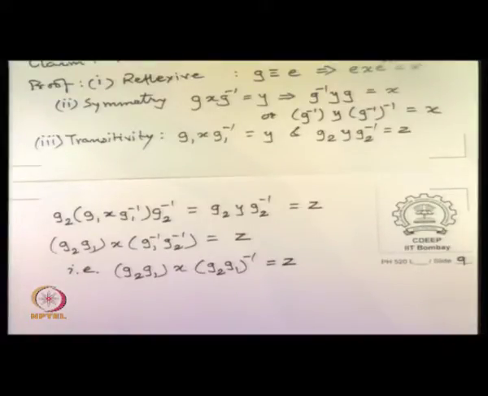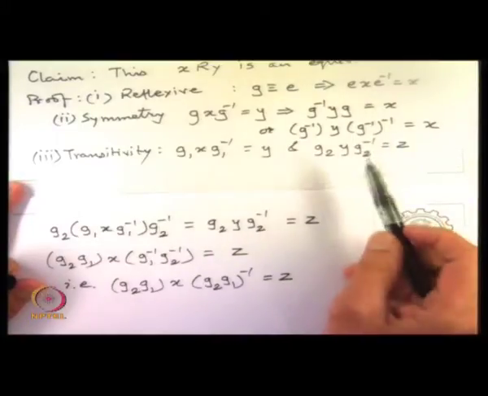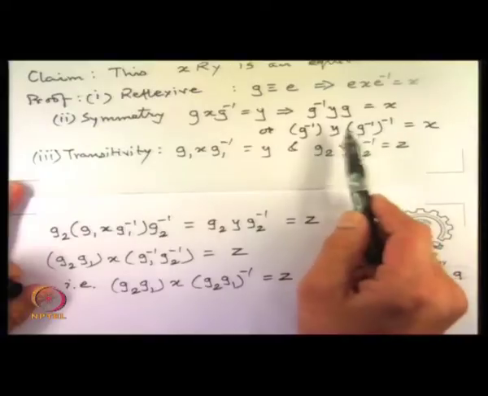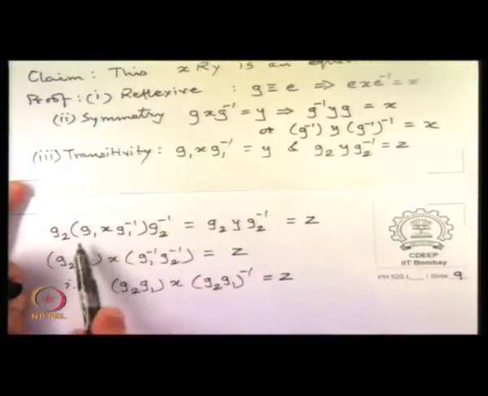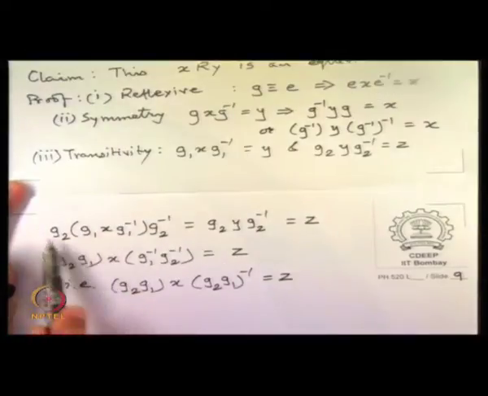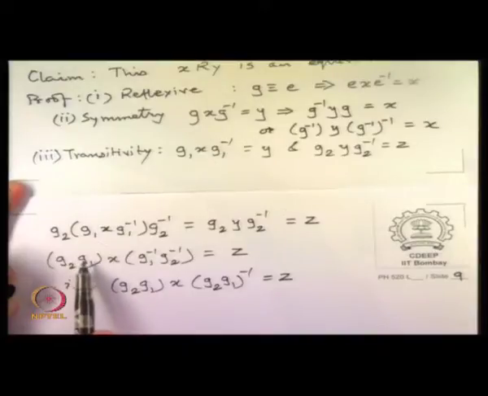The beauty of this proof is that it uses up all the properties of the group G. Group G has to have the identity element. It has to have inverses, so that the inverse of an inverse is itself, and associativity is very crucially used here. If I have g2 times this, then it becomes g2 g1.